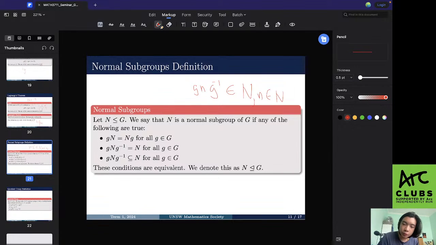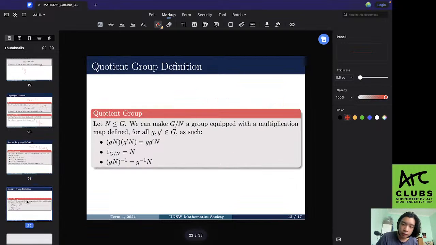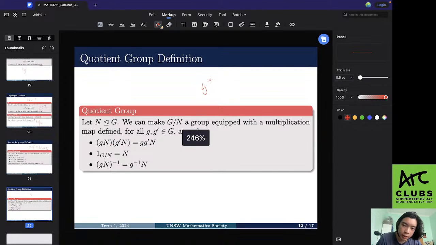And the reason we need this is because it essentially allows us to make our set of cosets into a group. So if N is normal, then we can say that G on N forms a group with all elements being in the form of some element g times N, and we can define multiplication as gN times g dash N. And you might be able to see that this can actually kind of be swapped.